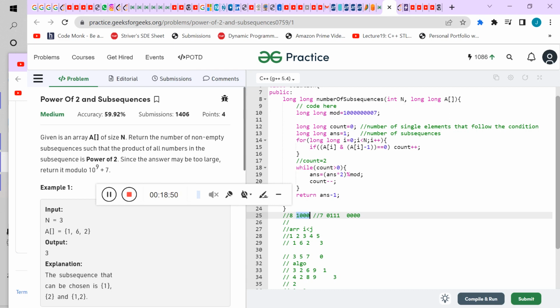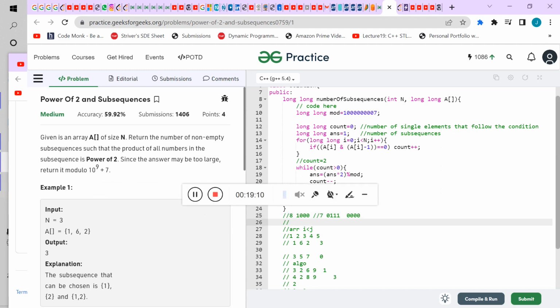Here one bit is set in 8 and all others are 0. In 7, all the other bits are set instead of the bit that is set in 8. So if we AND both these numbers, we get 0, right? So this is the condition.